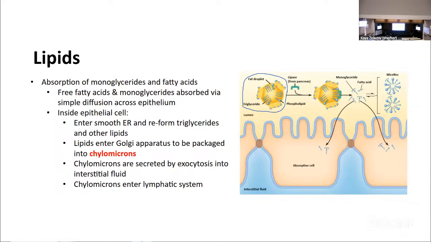You ate something that had cells, so you're going to have some phospholipids. You're going to have some other types of lipids in here as well. Then we have our lipase from the pancreas coming in. So we can see that pulled out these triglycerides, and we have our monoglycerides and our fatty acids hanging out.